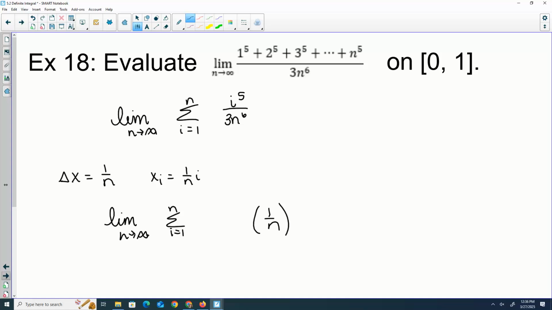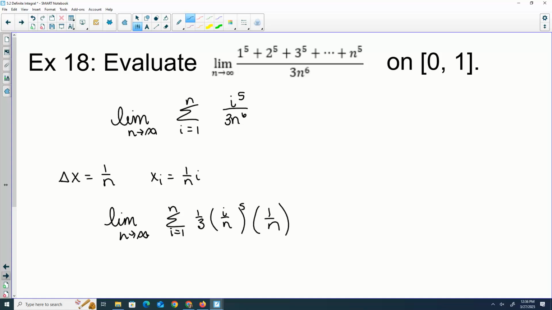I have a 3 in the denominator. Do I need that? No, so let's just keep that in front. If I take out that 1/3 and I take out one of the n's, what I'm left with is i over n, times i to the 5th. You could write it as i to the 5th over n to the 5th as well.